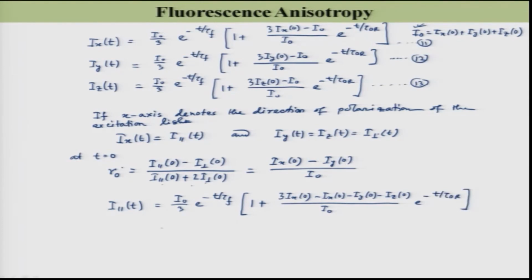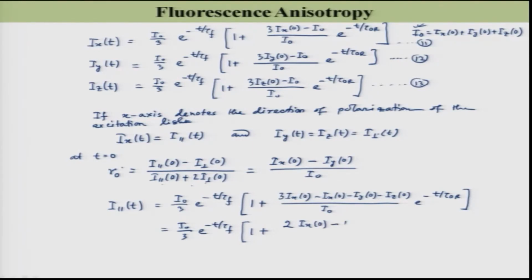So, this is equal to I0 by 3 e to the power minus t by tau f. So, here you see it will cancel. So, I0 and this I0 will cancel. So, 2 I0 looks like, so here it is 1 plus 2 (Ix0 minus Iy0) and Iz0, but they are same, right.